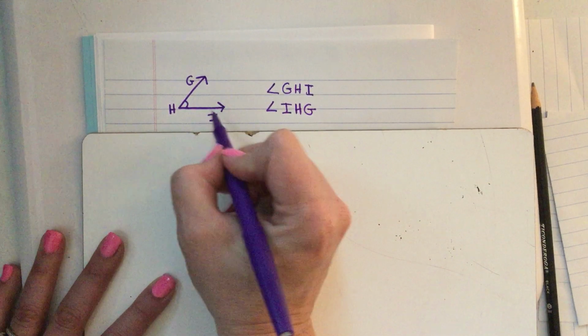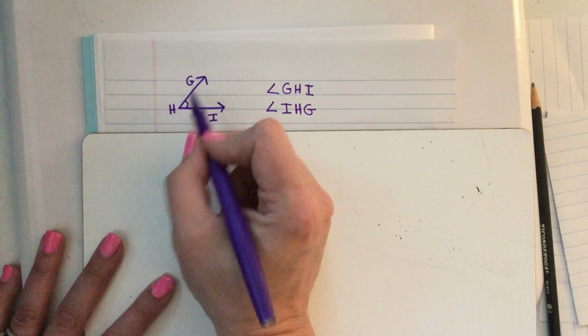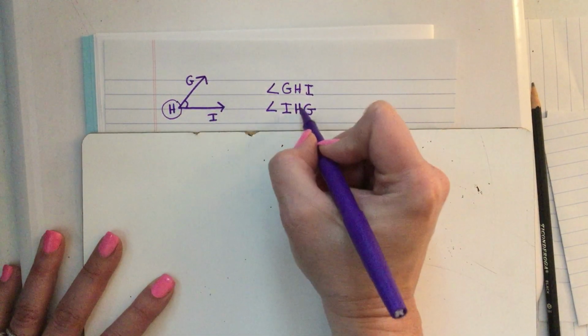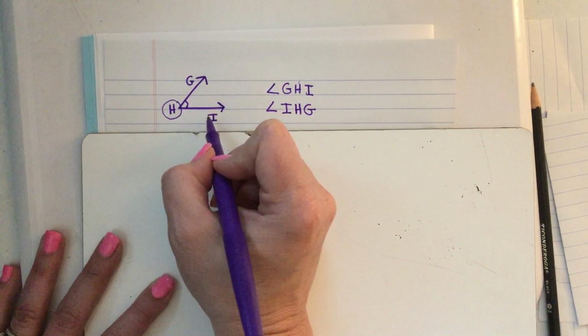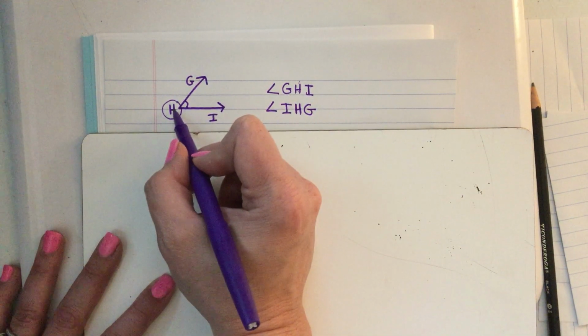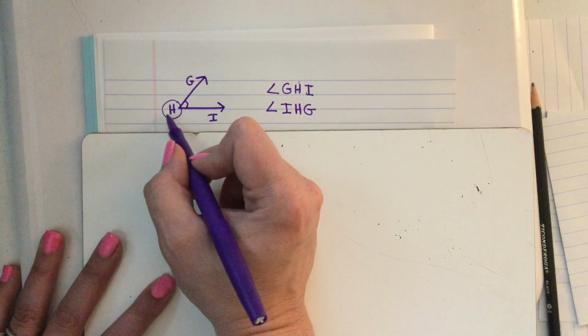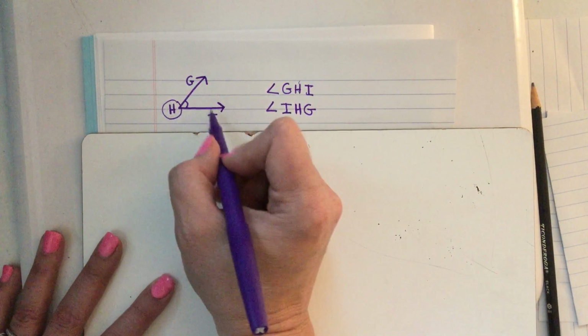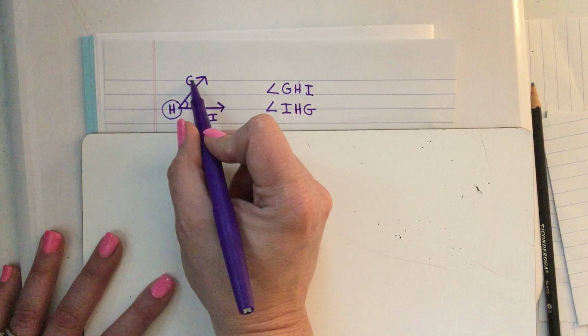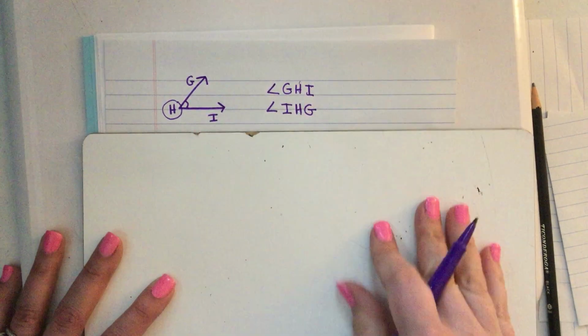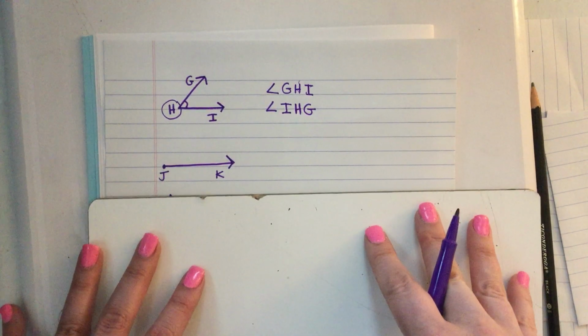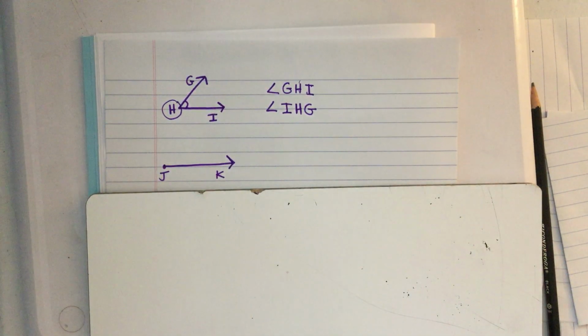Either way, it doesn't really matter if we start up here or we start here, but H is our vertex, so it always has to go in the middle, okay? You cannot call this HGI, because then the arrows would go out past H and out past I, but they don't. They go past G and past I, so those have to be our beginning and our end, okay?